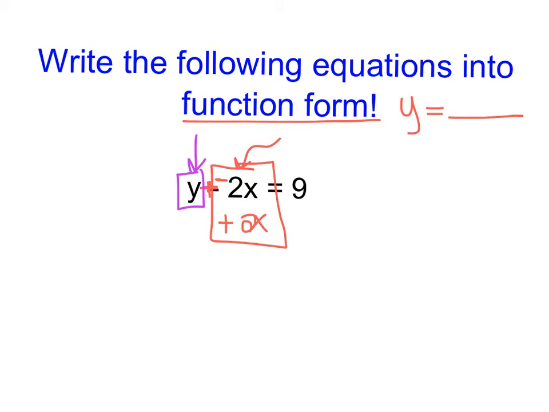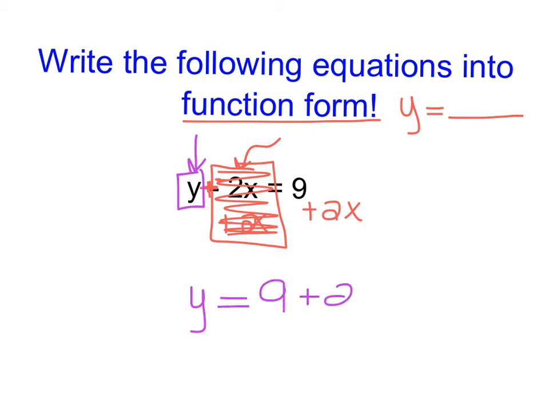Notice that negative 2x plus 2x, so they are opposite of each other, when we add those together, they completely cancel out. Now remember, whatever we do to one side of the equation, we must also do to the other. So we also have to add that 2x to the right-hand side. So if I add 2x to each side, I end up with y alone on the left is equal to 9 plus 2x on the right-hand side.